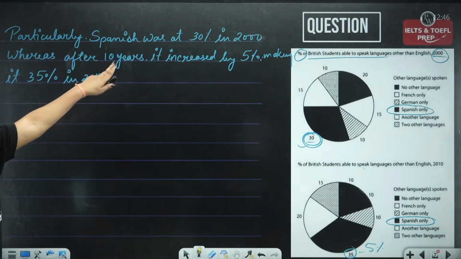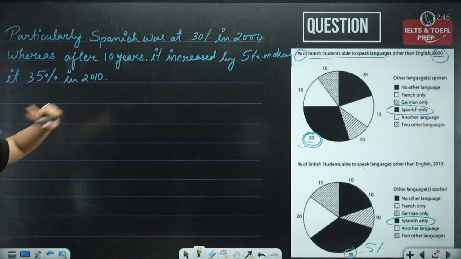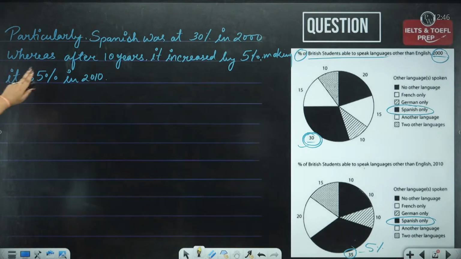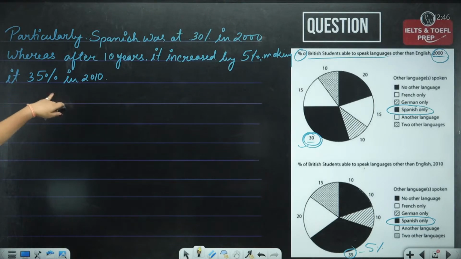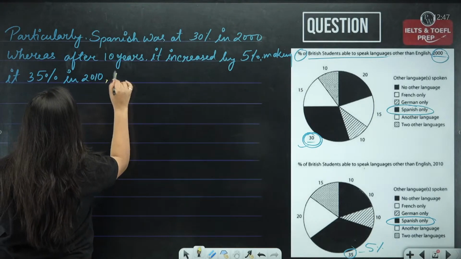Particularly, Spanish was at 30% in 2000, done. Whereas after 10 years, it increased by 5%, making it 35 in 2010. Done? किसी को कोई दिक्कत? Any problem? Clear है? I cannot see any comment. जल्दी बताओ. Done? Now, let's talk about the next thing.